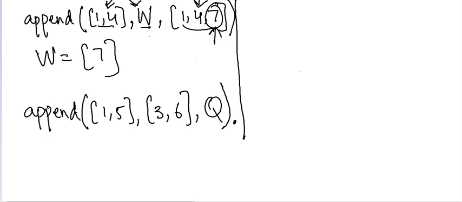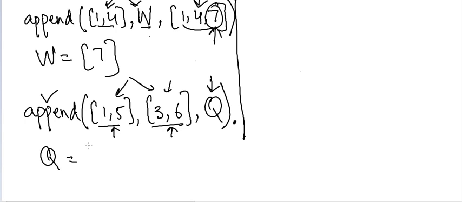And what about this one? Well, we should know that q is a result of appending this one to this array, right? So this is the first array, this is the second one, and q should now be equal to 1 comma 5 comma 3 comma 6.